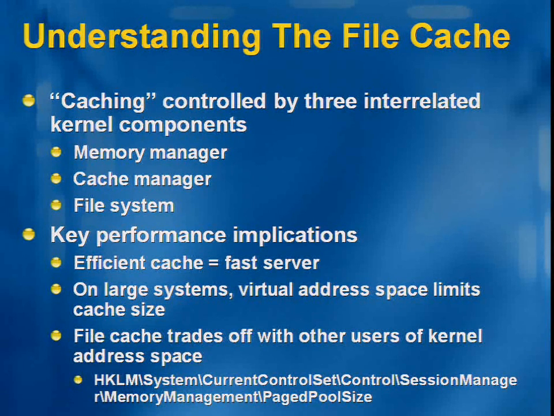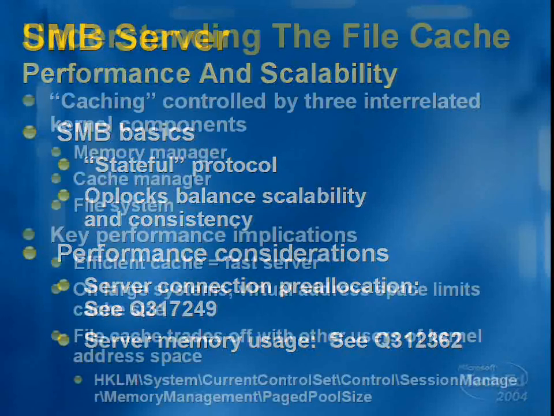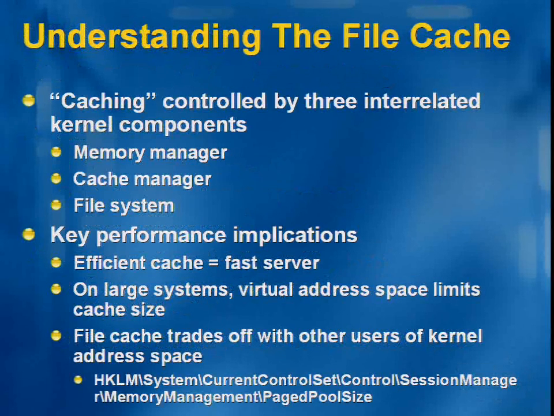But let me back up a slide. I was telling you here that if you start running into these problems with being able to allocate some of our data structures in paged pool, maybe you want to increase the paged pool size. So we've got some conflicting advice between here and here. And this is one of the key things about whenever you're trying to optimize performance. It's all about making trade-offs.